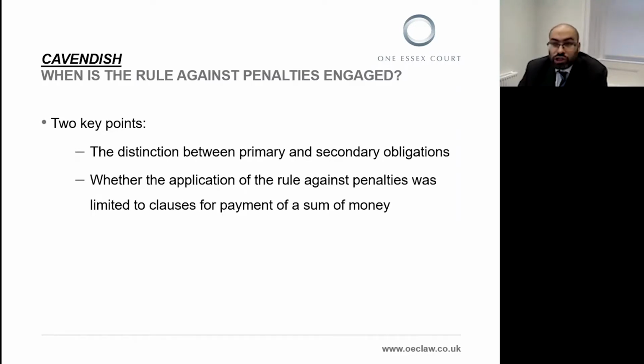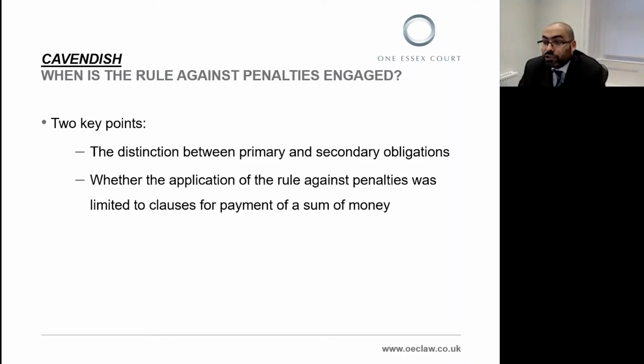First question, in what circumstances is the rule against penalties engaged? Lords Neuberger and Sumption considered two key points: the distinction between primary and secondary obligations, and whether the application of the rule against penalties was limited to clauses for the payment of a sum of money.